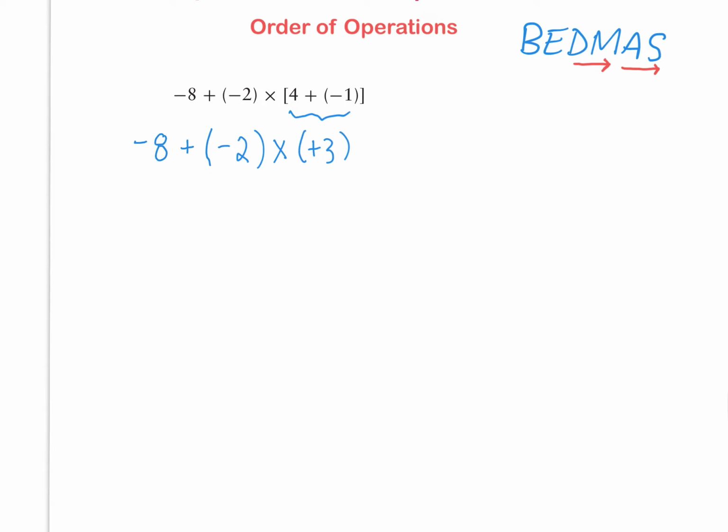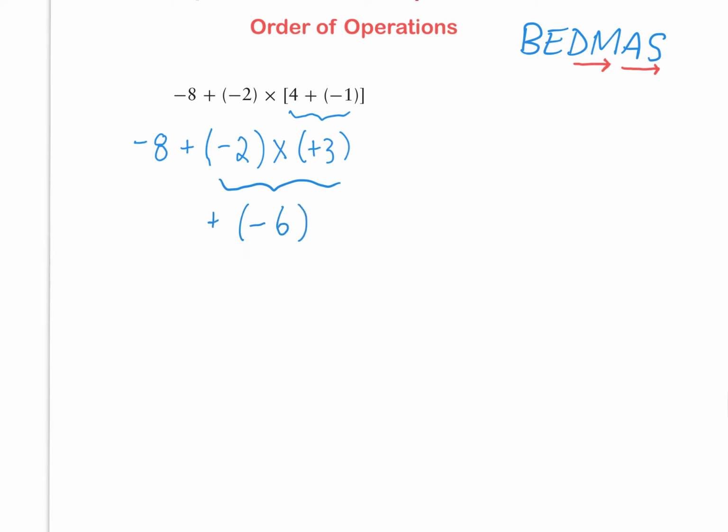And there we go. Now we have to look, what do I have left? I have addition and multiplication. BEDMAS tells us to do the multiplication before the addition, so I'm going to multiply negative 2 times positive 3. That's going to be a negative, negative 6, because our signs are not the same.